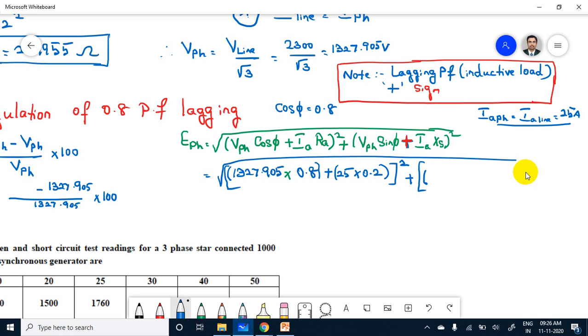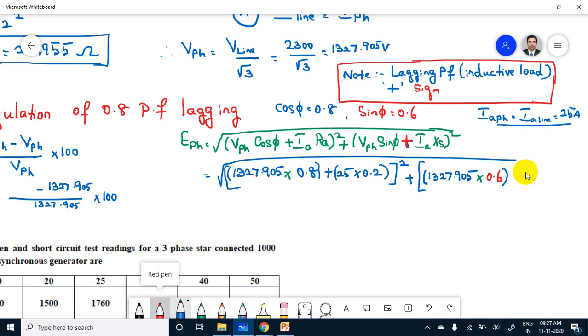V phase, which is 1327.905, into the sine value. Sine phi, how much? Cos phi equals 0.8, so sine phi is 0.6. This value we substitute, 0.6, and close the bracket.